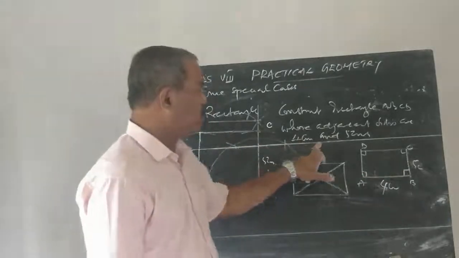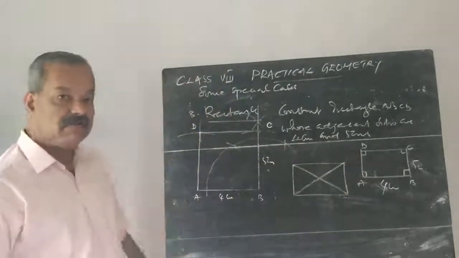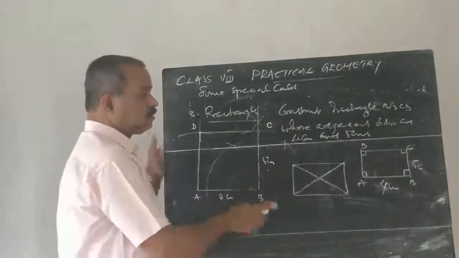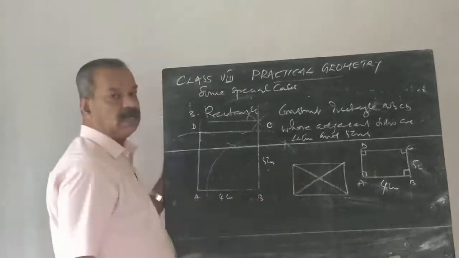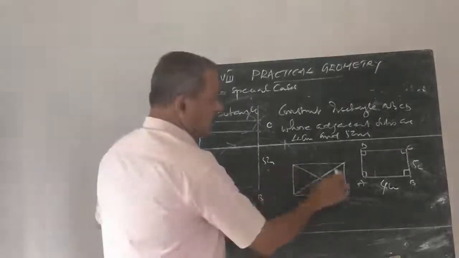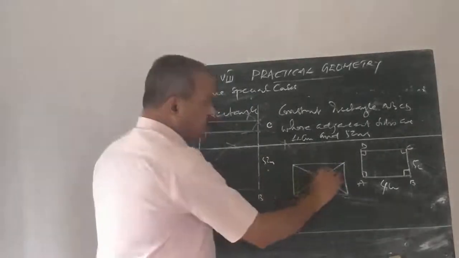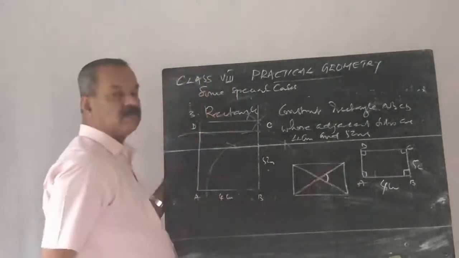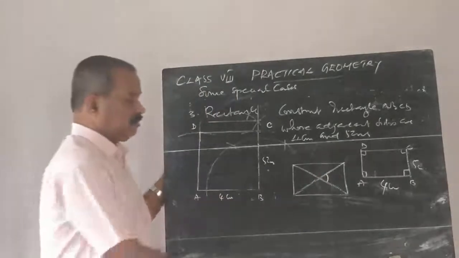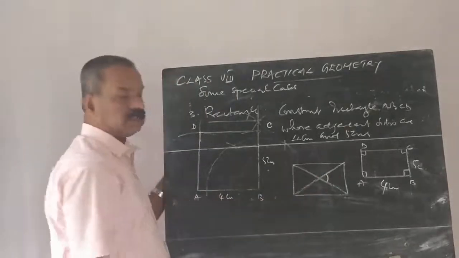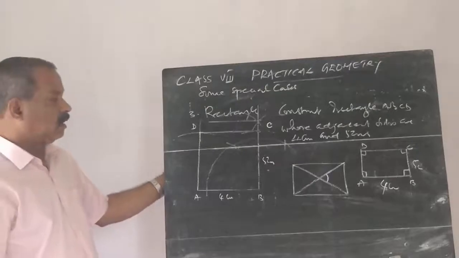That is why we are given 2 measures here, but at least 3 measures are required to construct a rectangle. So if the lengths of the 2 diagonals are given, the angle between them must also be given. Then only we can construct the rectangle.